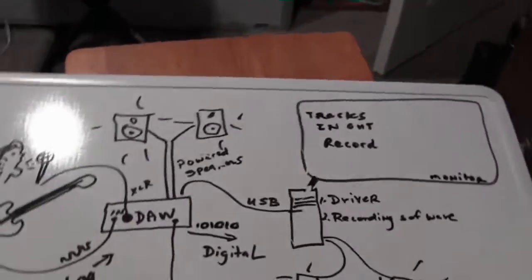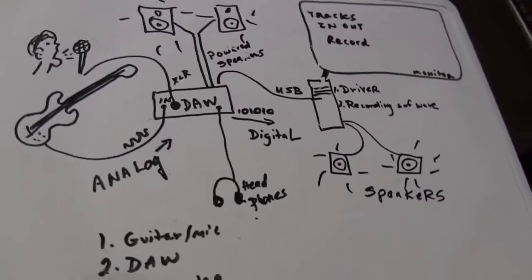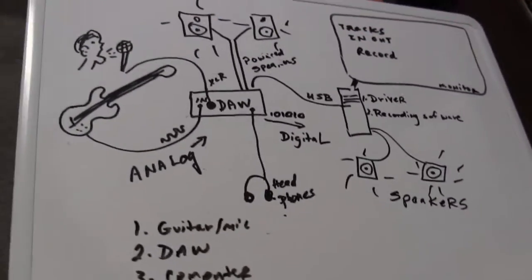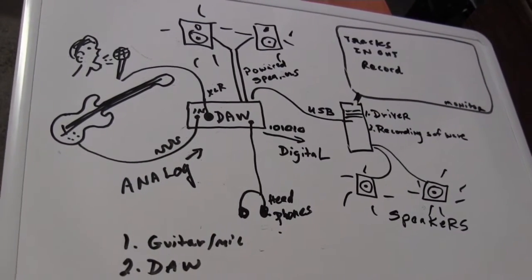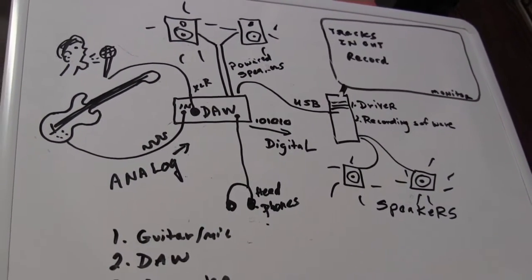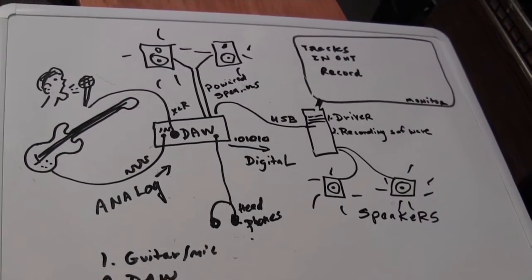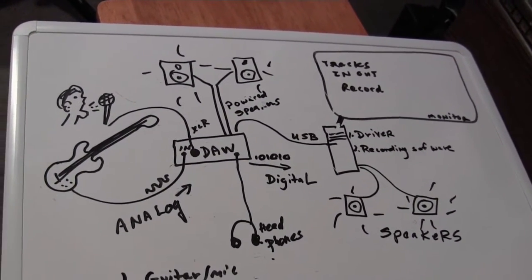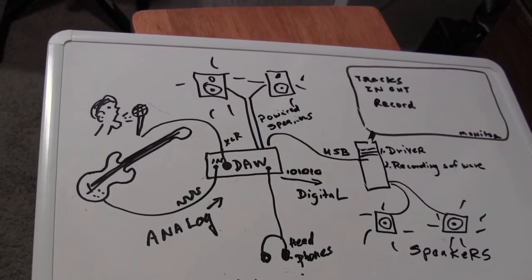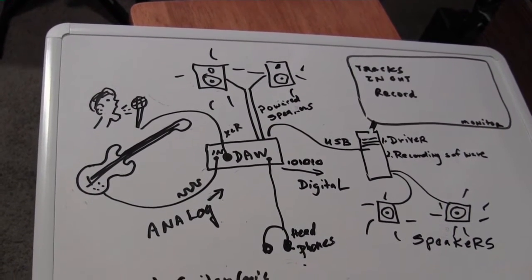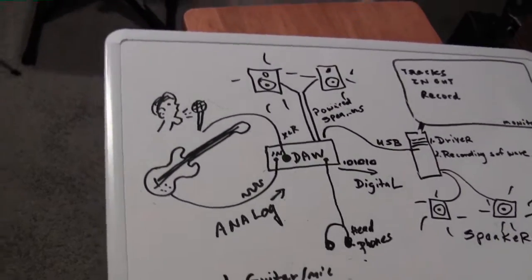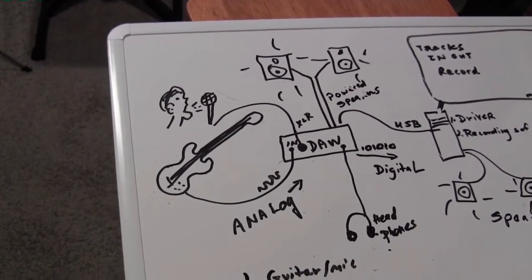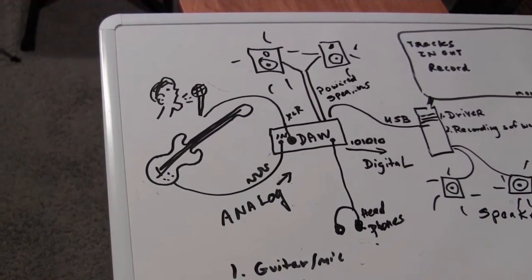But if you're going to step up and you want to get involved with recording software, I wanted to lay out this diagram here so that you can see what you need to get your songs, your music, whether it's acoustic, electric. The acoustic could be plugged in, or it could be recorded through the microphone as a vocal is.